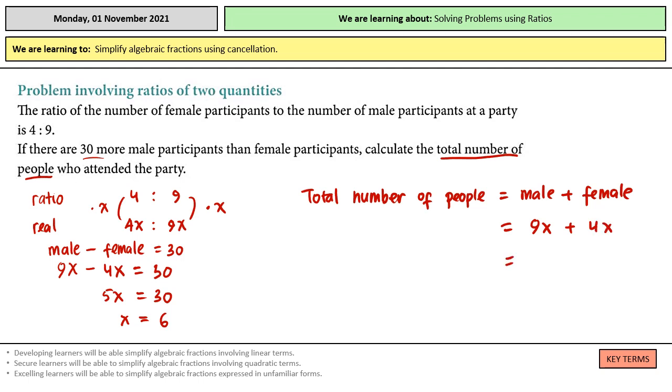Okay, but x now we know is 6, so we replace x with 6, so we get 54 plus 24.